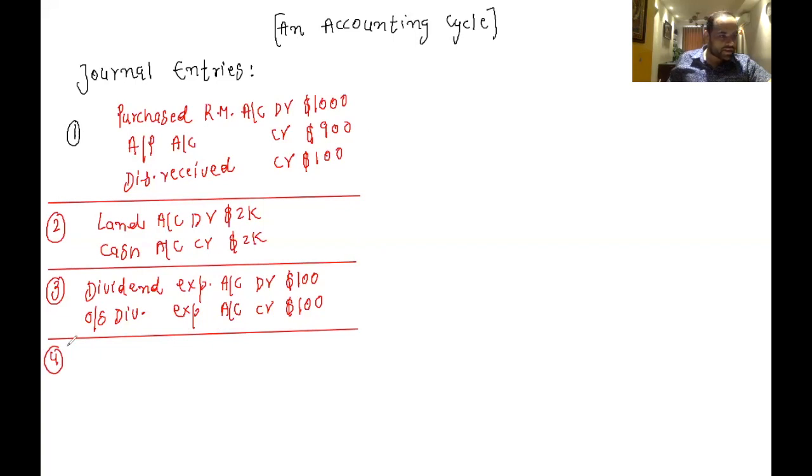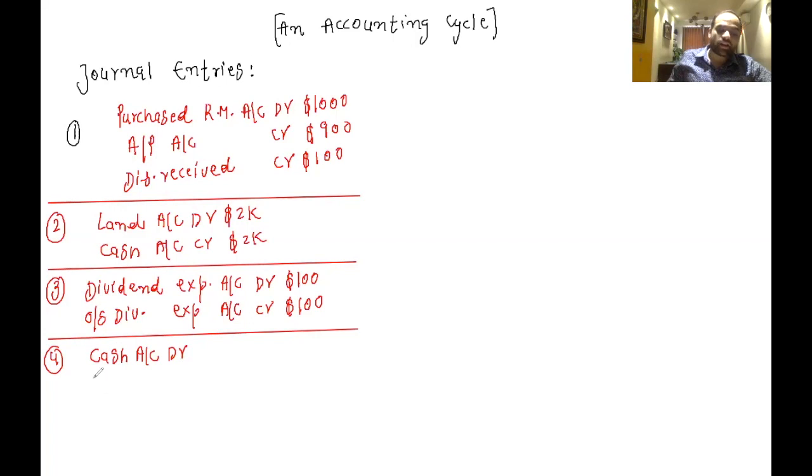Number 4 is unearned income 2000. Yes, tell me. Speak up. We have cash account debit 2000 and unearned income credit 2000. Yes. Unearned income is any kind of income that we receive in advance. So that's why cash debit, because cash in, assets increase. So cash account debit, right?